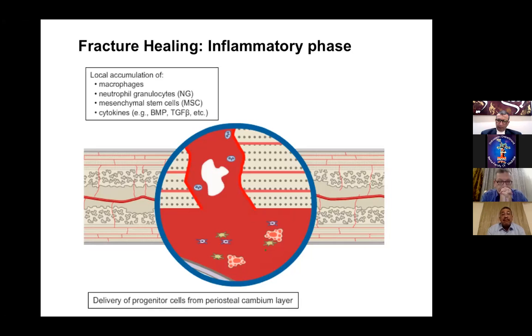It is an inflammatory insult. The trauma to the bone and soft tissue is an inflammatory insult. And this leads to local accumulation of macrophages, neutrophil granulocytes, mesenchymal stem cells, release of cytokines, and delivery of progenitor cells from the periosteum.